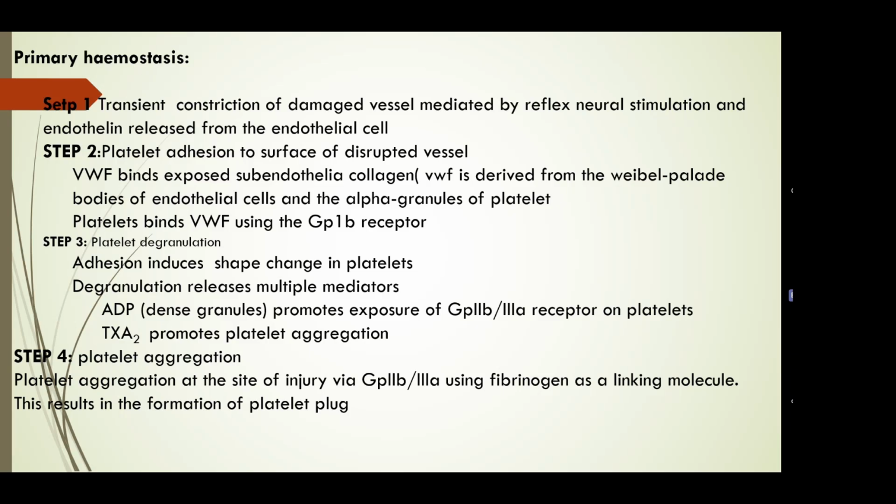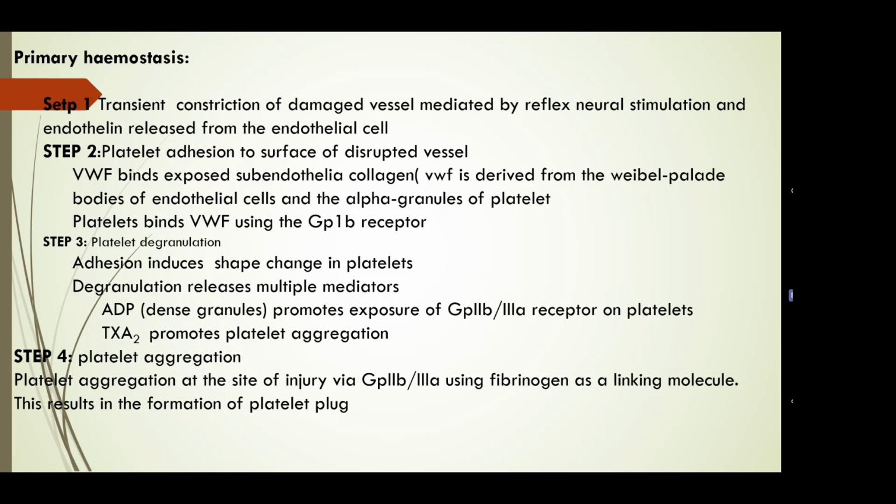The next step, we'll still see this depicted with a diagram. The next step is platelet degranulation. Because of the adhesion of platelets to the surface of disrupted vessels, it causes a shape change in platelets and results in degranulation, that is, release of multiple mediators from the platelet.